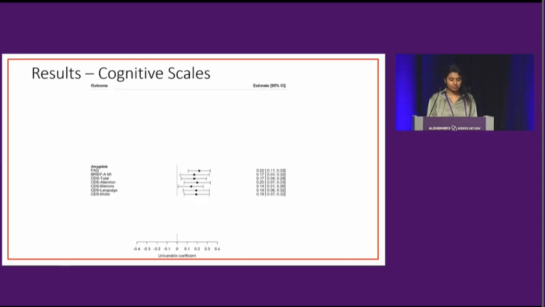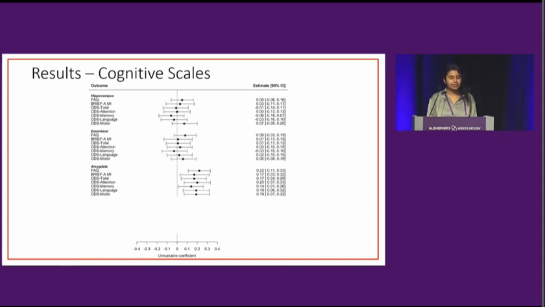We also found the same for the amygdala, where the p-tau severity in this region was associated with higher scores on all the cognitive and functional scales. But there was no association between p-tau in the hippocampus, entorhinal cortex, and locus ceruleus, and the cognitive scales.